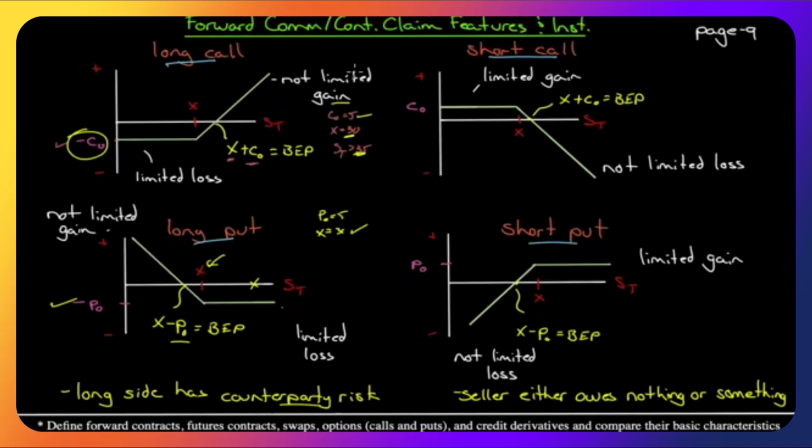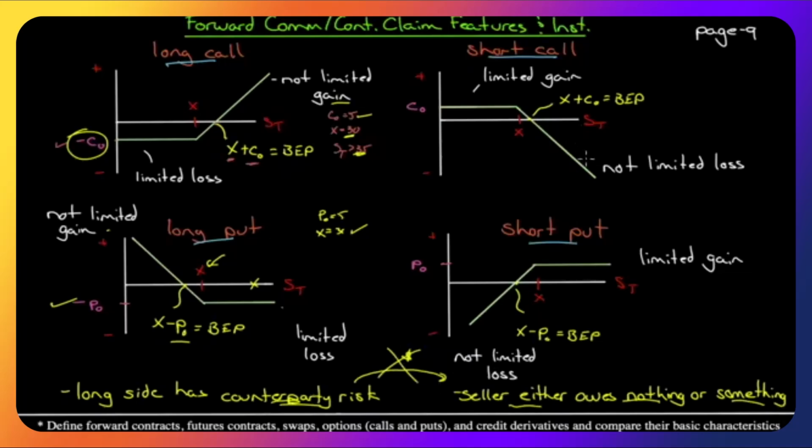So no matter what happens, you can never end up in a situation where the long side has to pay the short side something. But the short side may have to pay the long side, so only the long side has counterparty risk. The seller either owes nothing or something. The seller has no counterparty risk because a payment like this can never happen. Once the premium is paid, that's it.